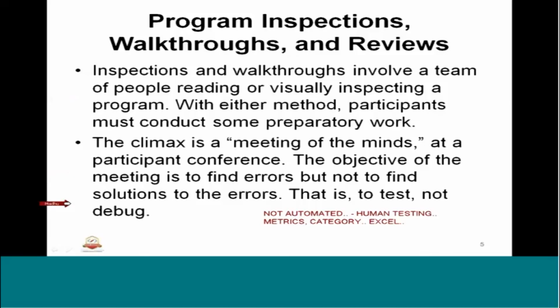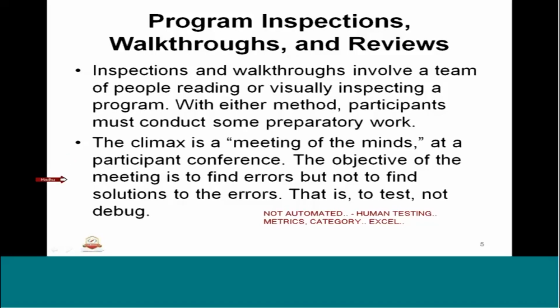The primary thing that walkthrough and inspection does is first they will go through or inspect the program. It could be a requirement, it could be code, or it could be an execution, anything as part of the artifact of the embedded system. So it is very important to have a process for inspections and walkthroughs, and at the end we are going to meet all the reviewers, all the inspectors, at a participation conference.